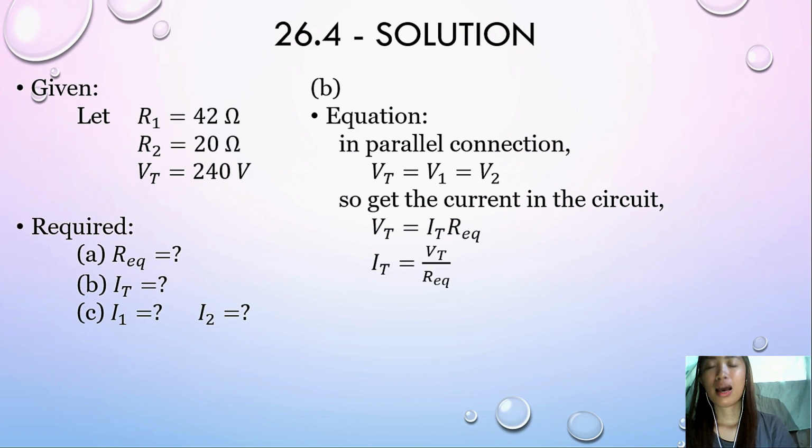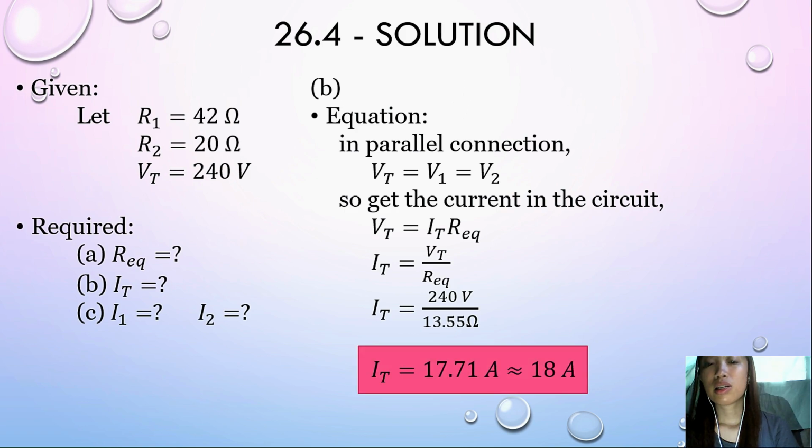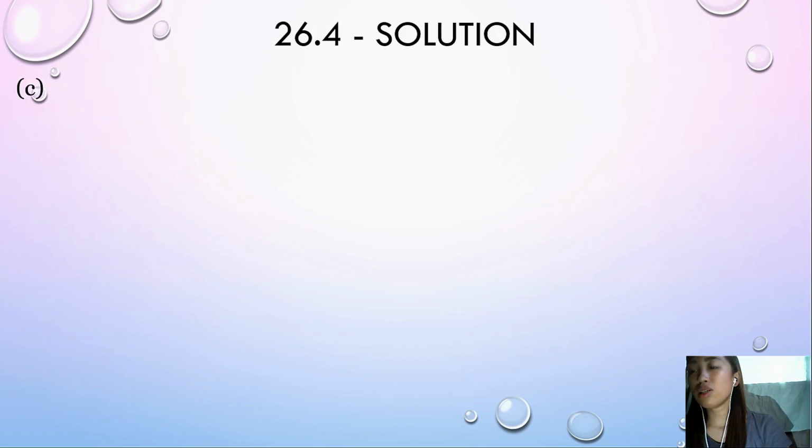We have IT equals total voltage over equivalent resistance. We can plug our values for V and R into the equation to find the total current. Then our total current is 17.71 or 18 amperes.